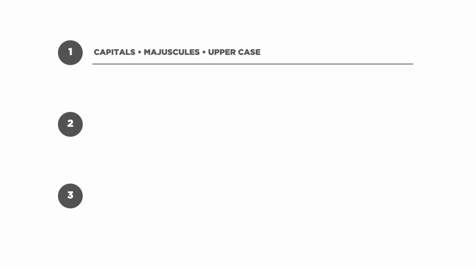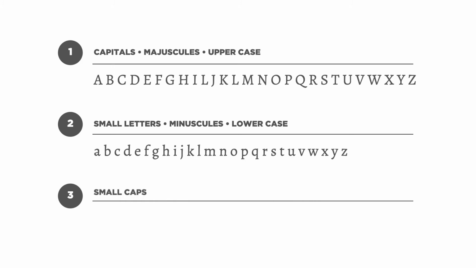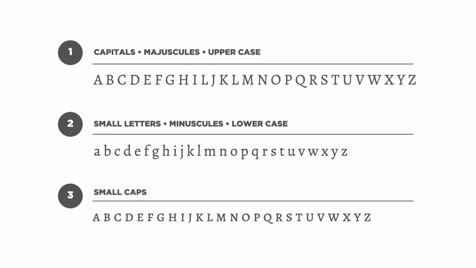A font will be comprised of three alphabets. Number 1, capitals, also called majuscules or uppercase letters. 2, small letters, also known as minuscules or lowercase letters. And 3, sometimes they'll include small caps, which are the height of a lowercase letter.